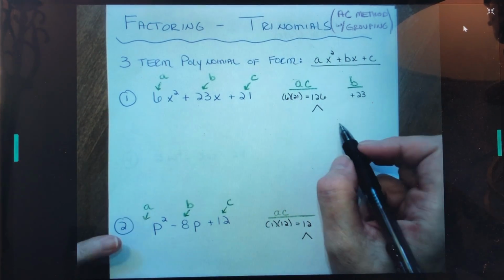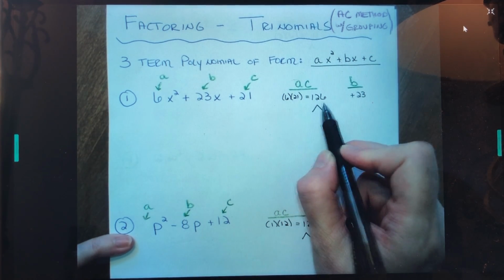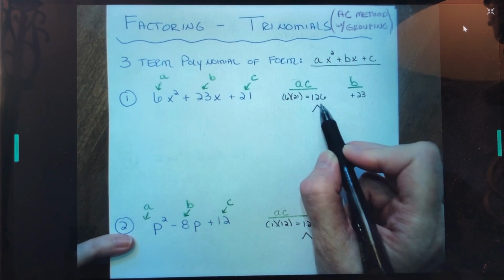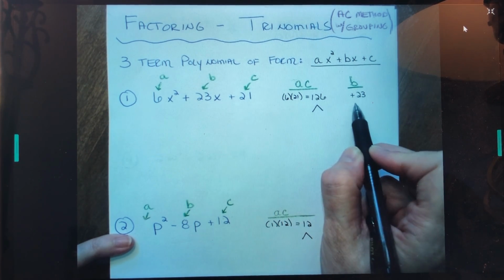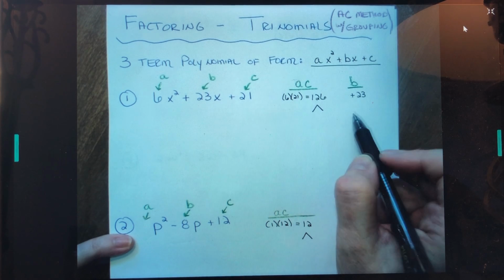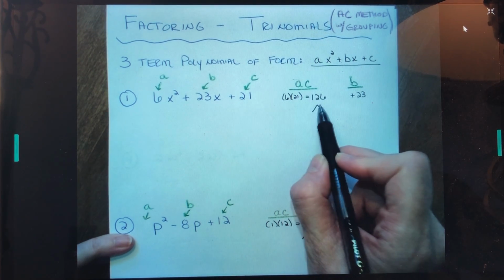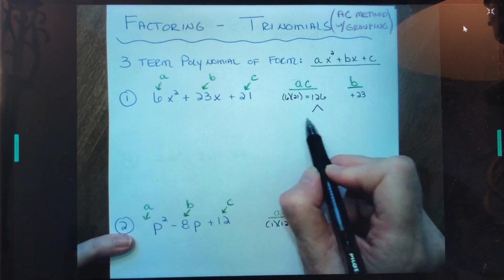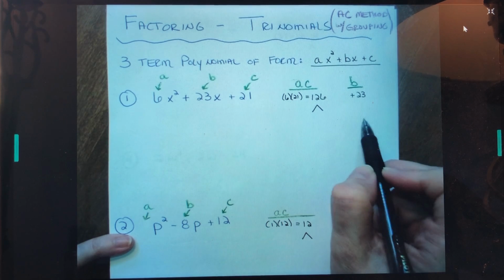So let's get started. Sometimes when you have the a times the c, you might just see right away what are the two numbers that multiply together that result in the b if you add them. But sometimes you don't. Like, I can't think off the top of my head right now of two numbers that if I multiplied them together I get 126, but if I added them together I get 23.